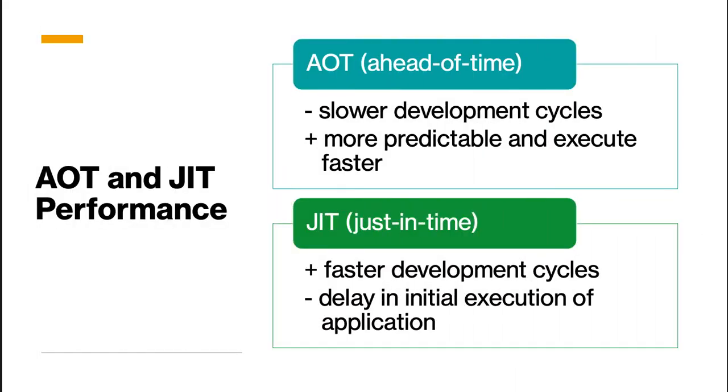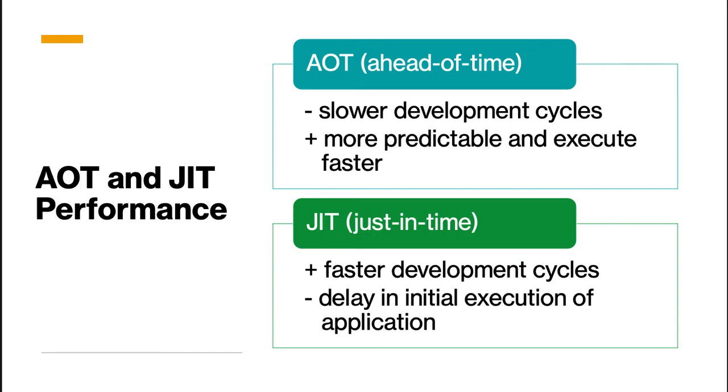By those definitions, they have strengths and weaknesses. AOT has a slower development cycle because it takes time between making a change to a program and seeing the result of the change. But also it's more predictable and executes faster because variables are already compiled beforehand.